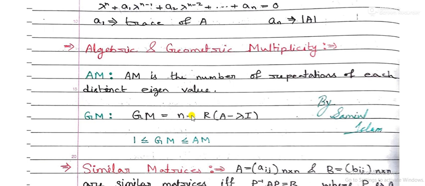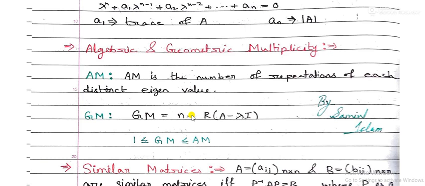The algebraic multiplicity for 1 is 2, the number of repetitions of 1. That number is the algebraic multiplicity. And for 3, there is no repetition, so the algebraic multiplicity is 1.